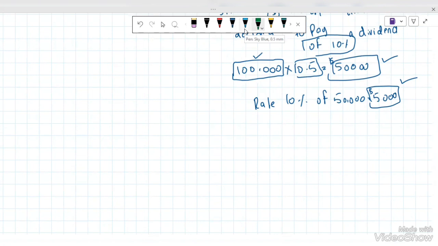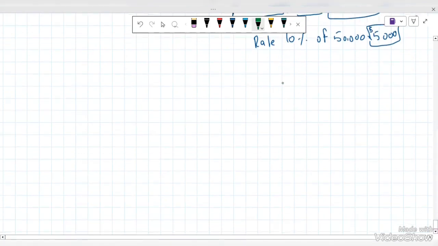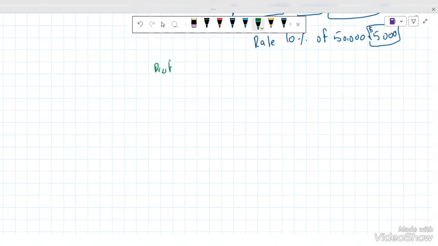Okay, so now we are going to discuss some statements. So the income statement. Let's talk about how to prepare the income statement for companies, or you can say a profit and loss statement.